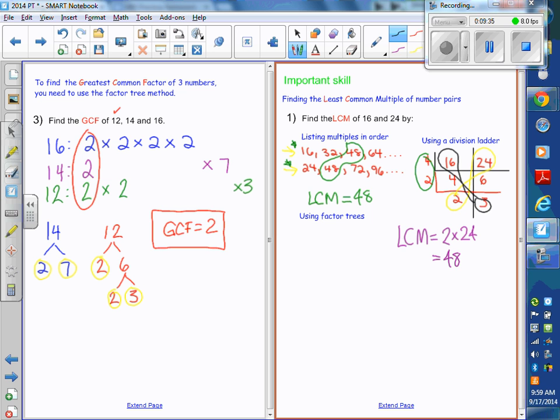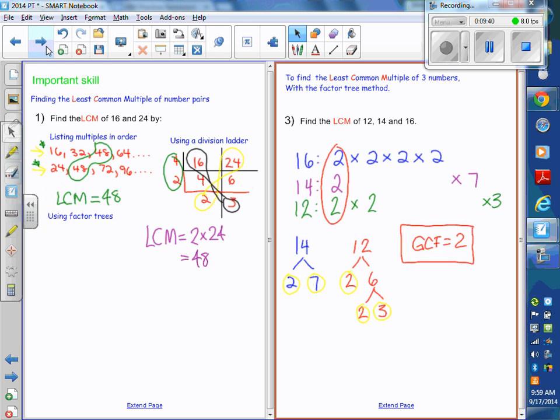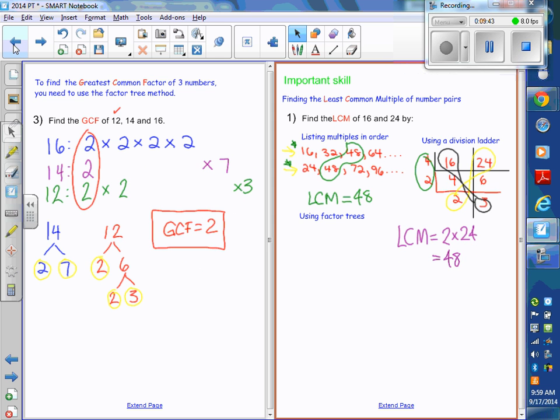So now we're going to use factor trees to do the same thing. Actually, let's do the factor trees of 16 and 24. So if I do a factor tree for 16 and a factor tree for 24, we repeat this process where 16 is 8 times 2, 8 is 4 times 2, 4 is 2 times 2, and we circle all the primes.